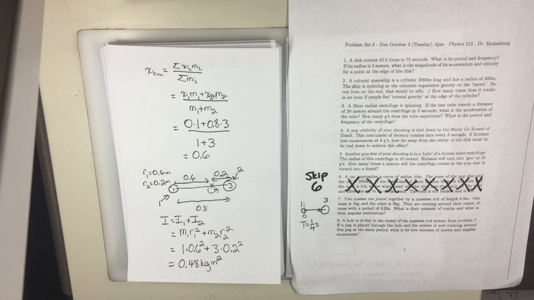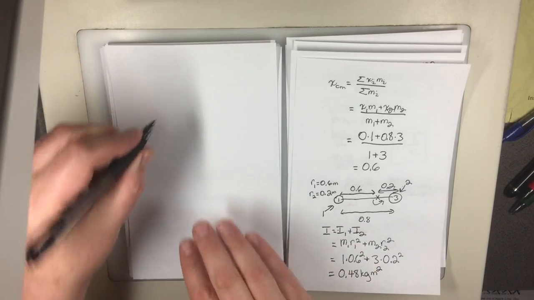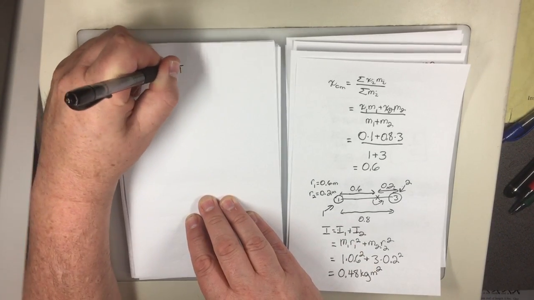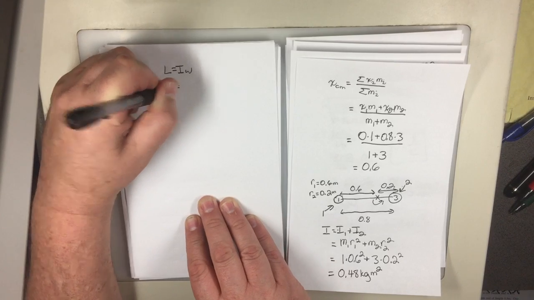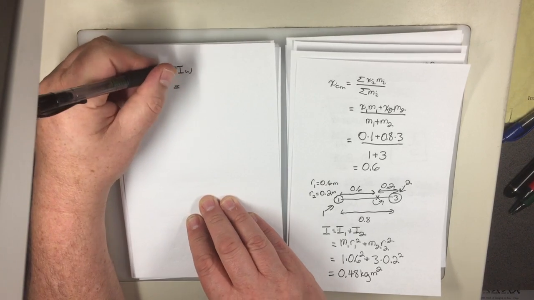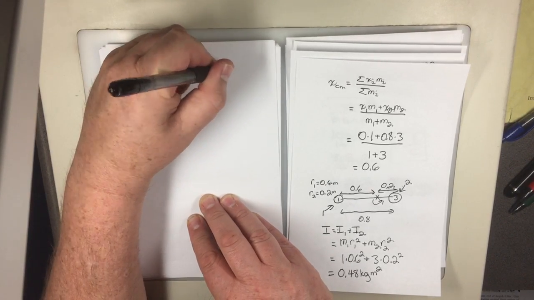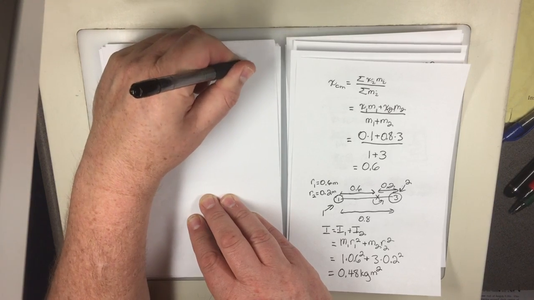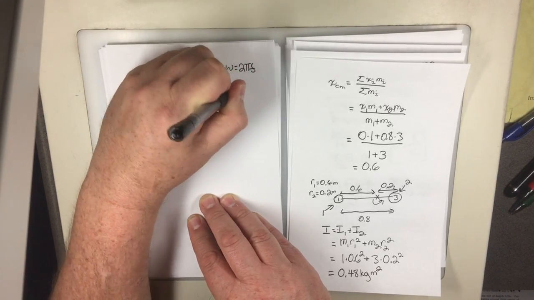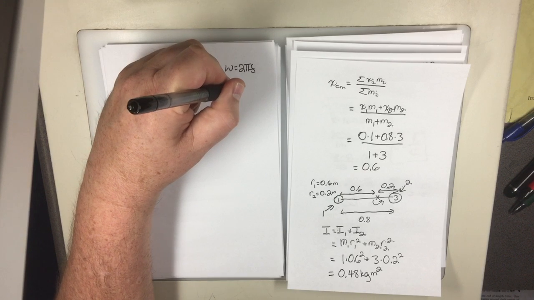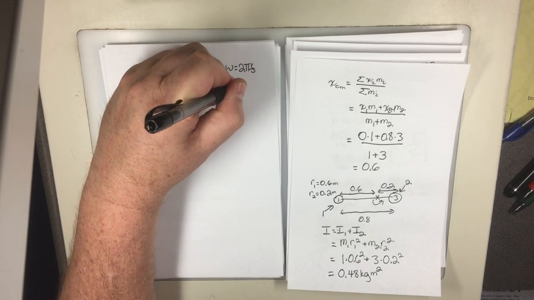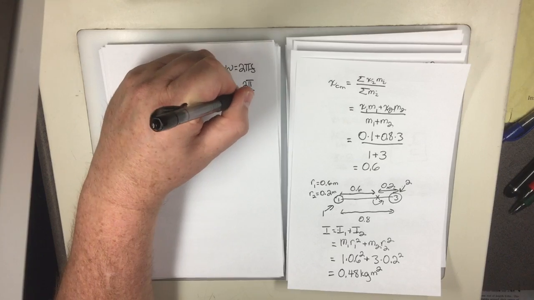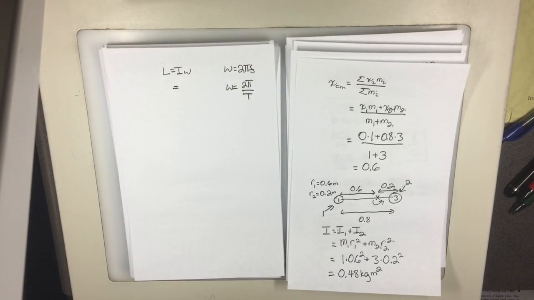Second part of the question is, what is their angular momentum? Angular momentum is I omega. Now, how do you get omega? Omega is 2 pi f, or since I used period, it is 2 pi over period.